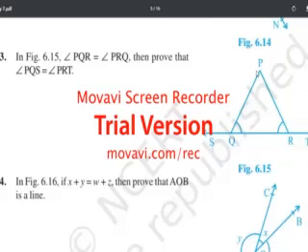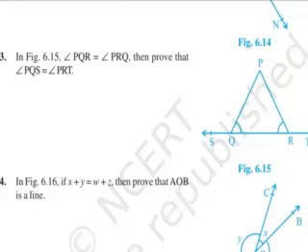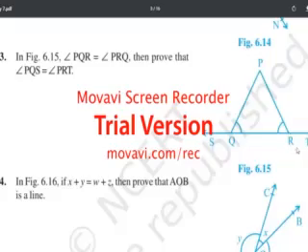So from equation 1 and 2, you can write PQS plus PQR is equal to PRQ plus PRT, and in place of PQR you can write PRQ, because both are equal, and you can cancel that, then you will get PQS is equal to PRT.